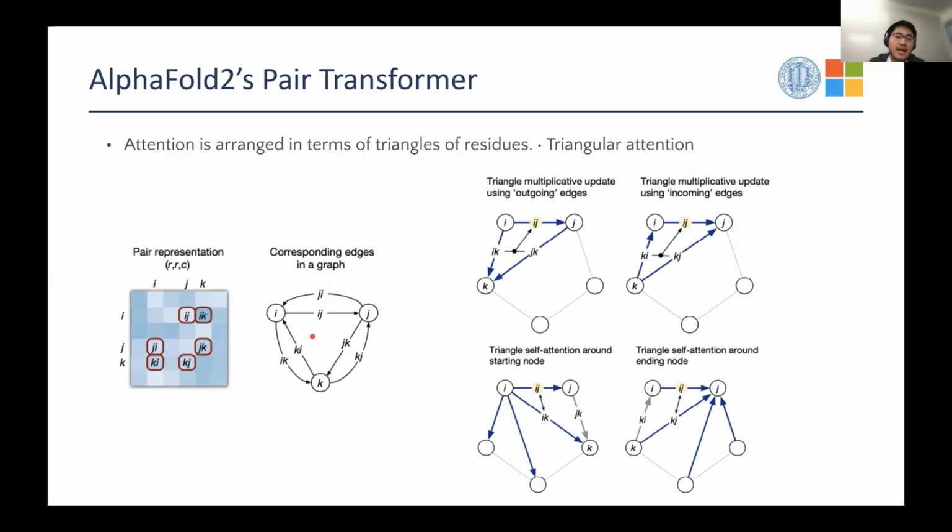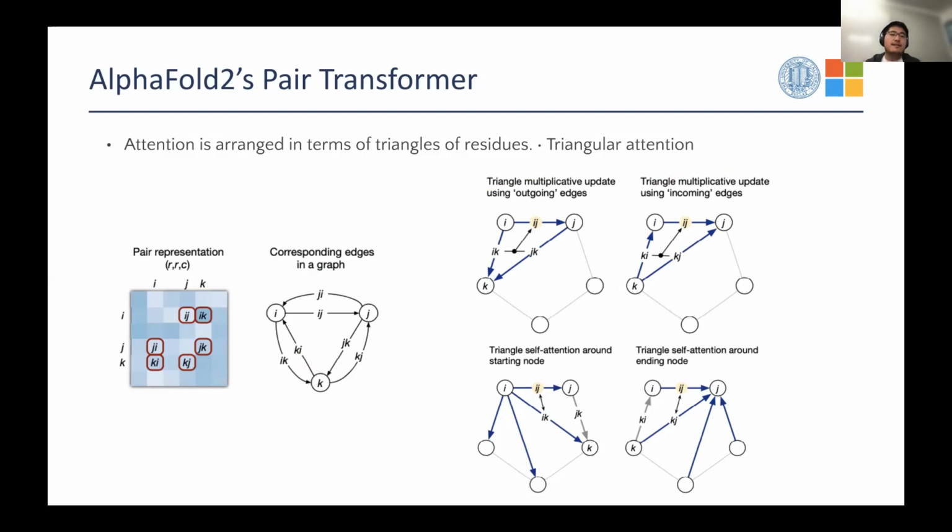They have the edges I, J and J, I, and it is considered a directed graph. So I, J and J, I will be different. That's where we will have outgoing and incoming, starting node and ending node. The definition is under a directed graph setting.